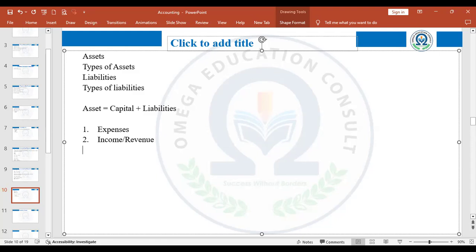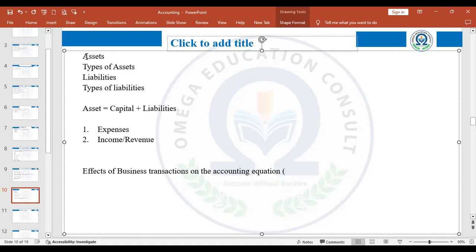Okay, so the effects of business transactions on the accounting equation. By that I mean a business transaction can increase the asset or decrease the asset or increase capital. Okay, so we'll look at those effects.